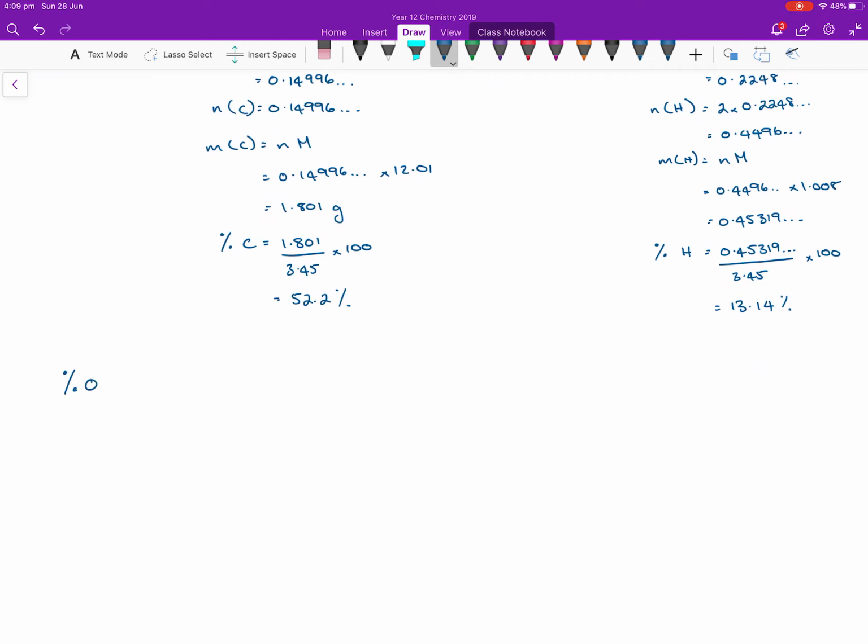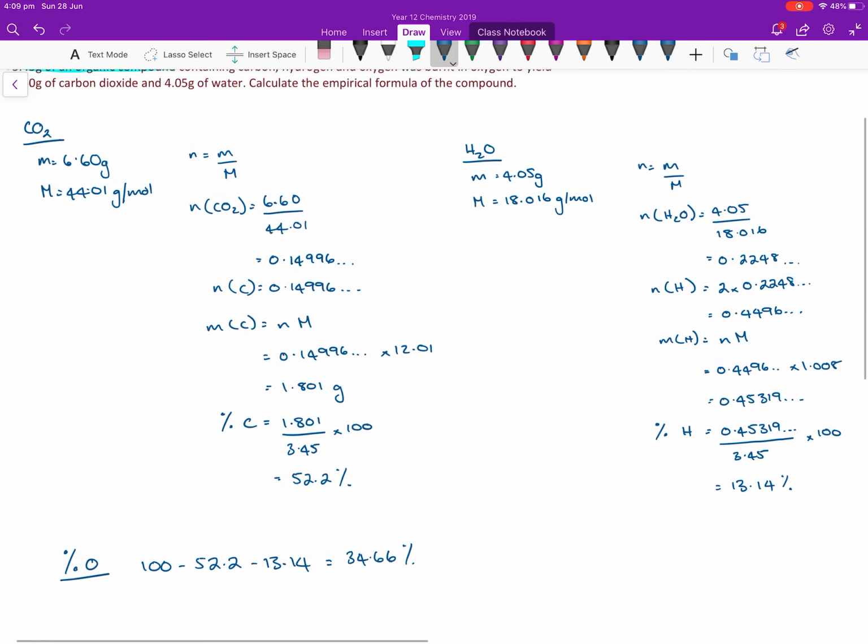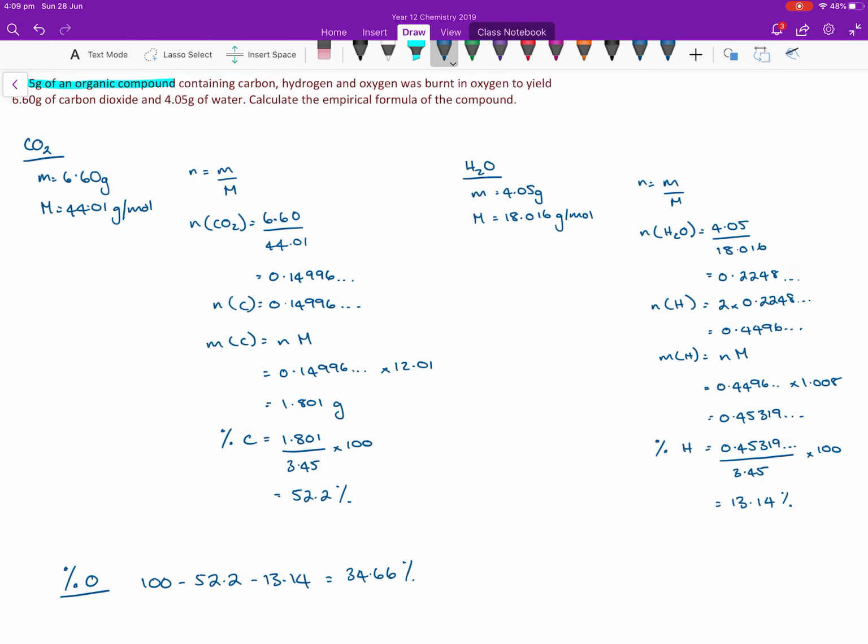So the percentage of oxygen will be 100, take 52.2, take 13.14, which gives us 34.66%. We can do that in this case because we were told that there were only those 3 elements and we know that the percentages have to add up to 100.